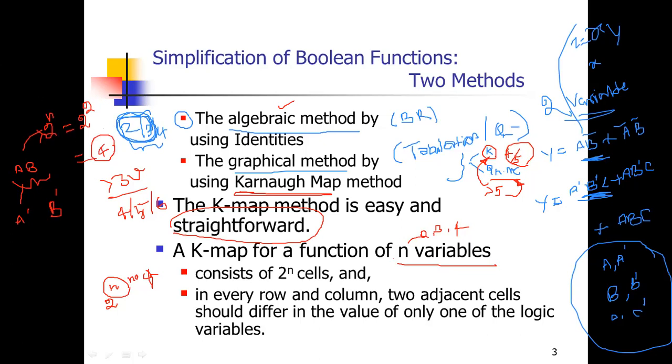This may be a 2 mark question in any competitive examination: the number of cells required in a Karnaugh map method of reduction. For a three-variable map, 2 power 3 equals 8. For 4 variables, 2 power 4 is equal to 16. So totally 16 cells are needed.